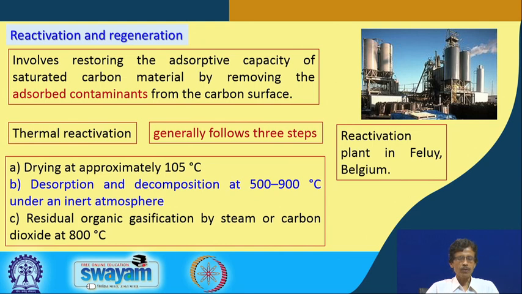If the adsorbed molecules can be removed from that material at a temperature in the range of 105 degrees centigrade, that is fine. Otherwise, we can go for a higher temperature in the range of 500 to 900 degrees centigrade under an inert atmosphere.